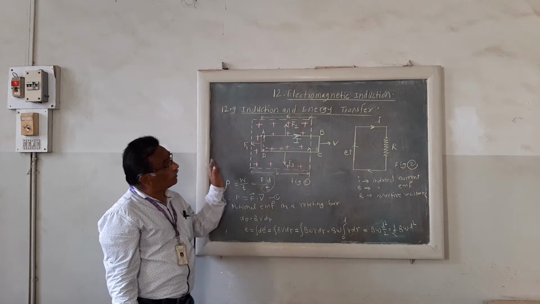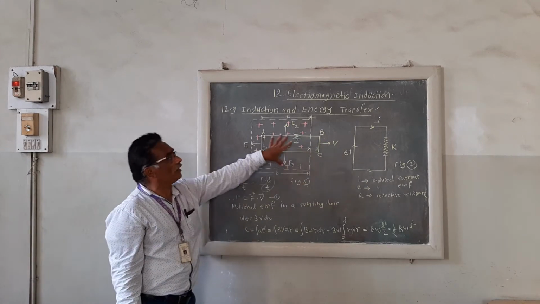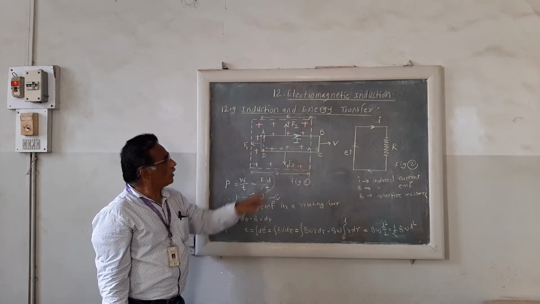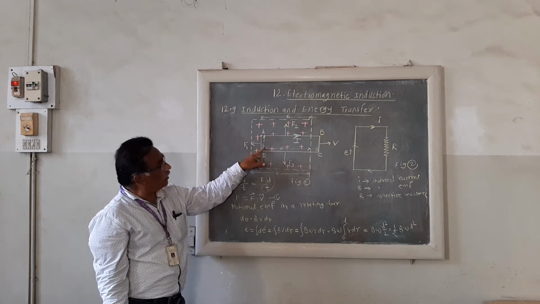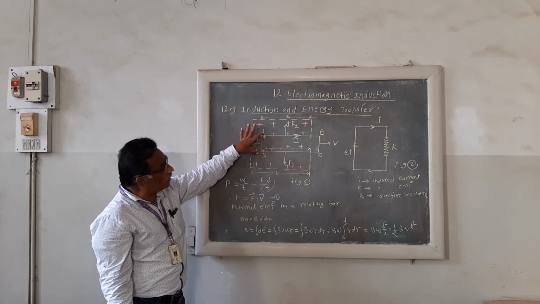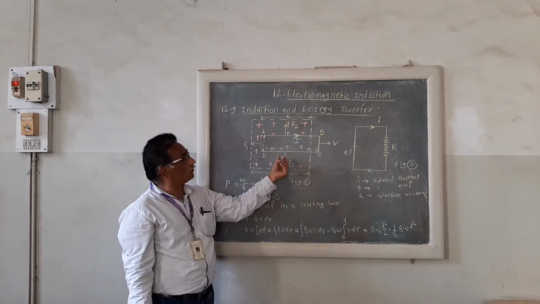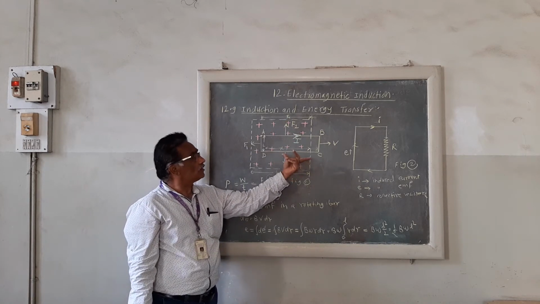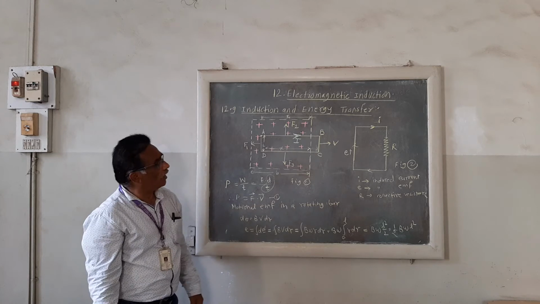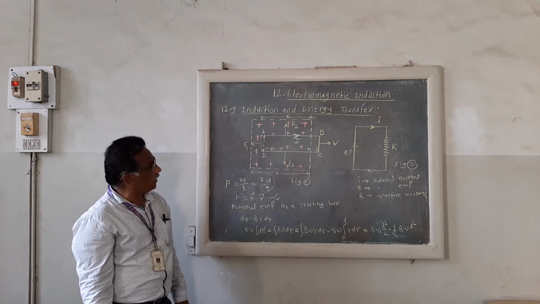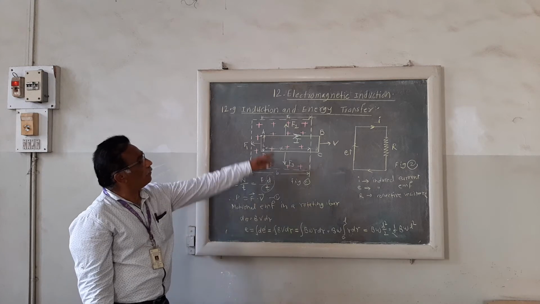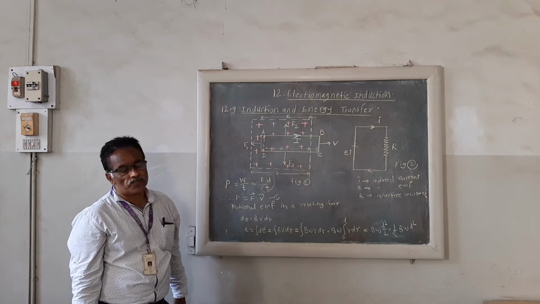We are pulling this coil out of the magnetic field. Here, let L be the length of the coil, the distance AD, and x is the distance DC, the breadth of the coil. So, L and x represent the length and breadth of the rectangular coil.